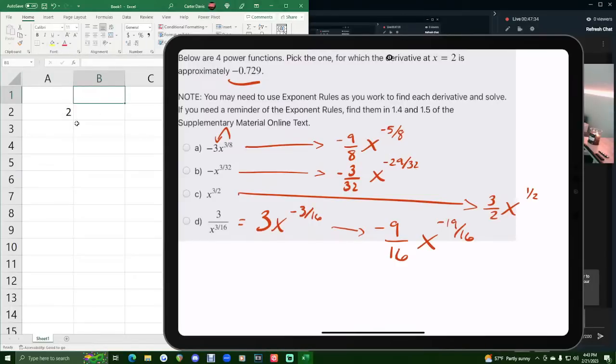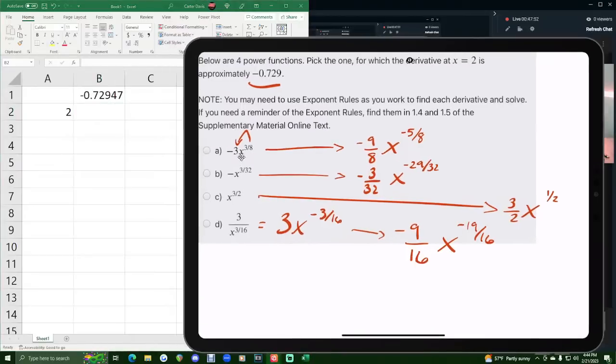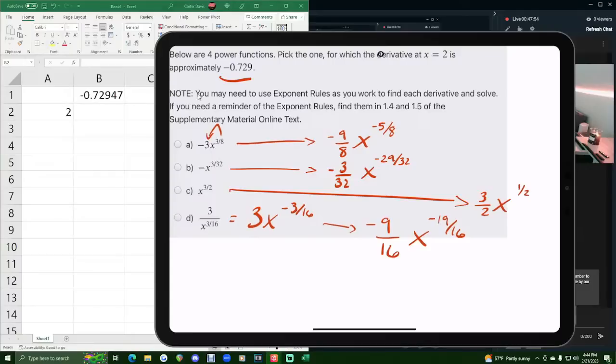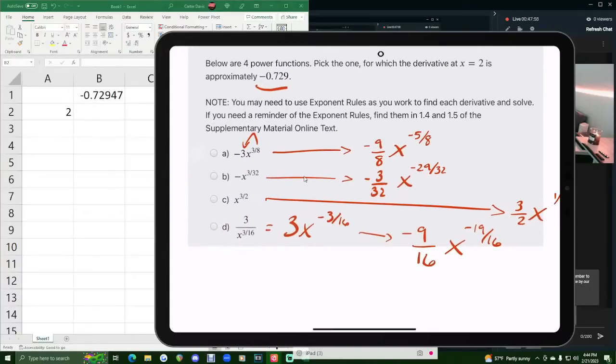So starting with the first one, we'll do negative 9 over 8 times, I guess I could just do 2, it doesn't really matter, raised to the power of negative 5/8, so negative 5 over 8 in parentheses. All right, so right away we get negative 0.729, so our answer should be A right away.